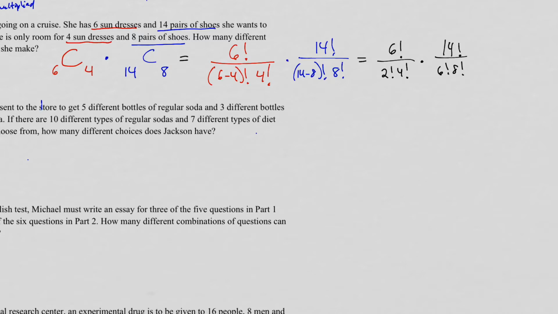Okay, still is not fun to do. I would still at least use the exclamation mark, the factorial symbol, have at least a button to do. If not, you're going to have to do 6 times 5 times 4 times 3 times 2 times 1 divided by 2 times 1 times 4 times 3 times, and this is going to be a big mess.